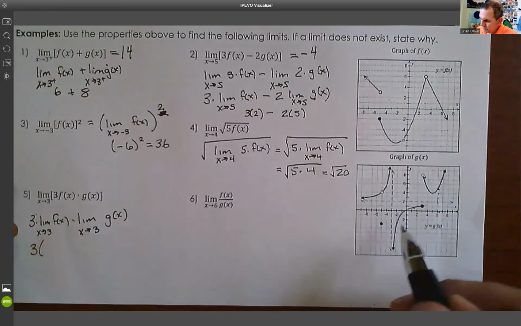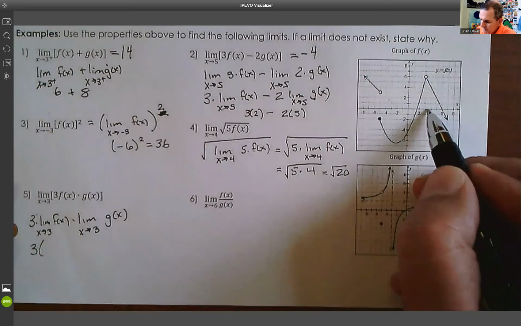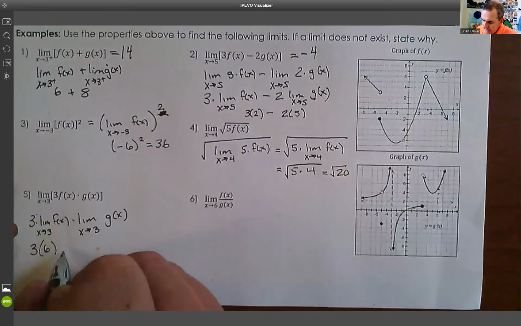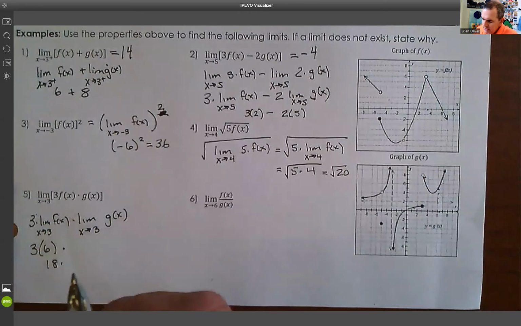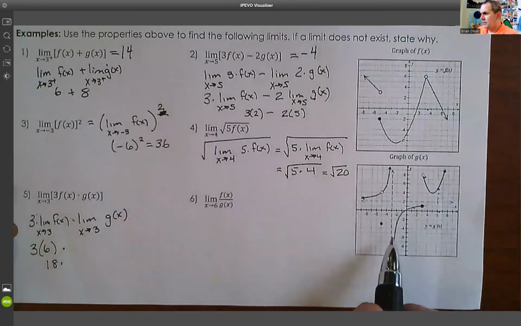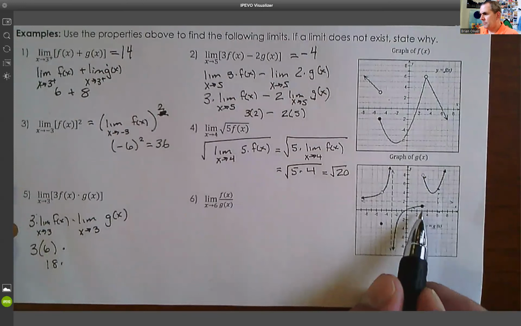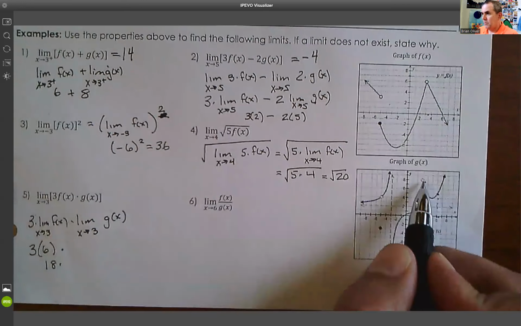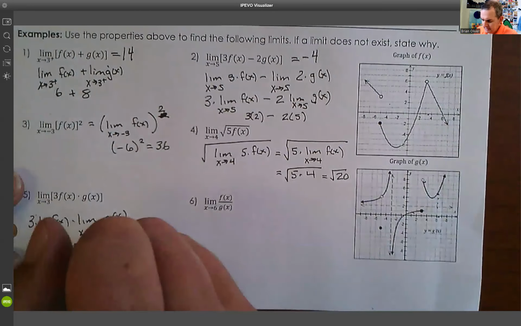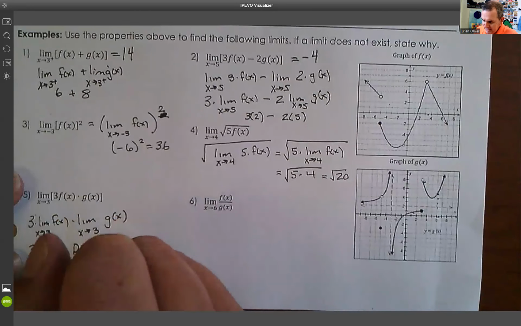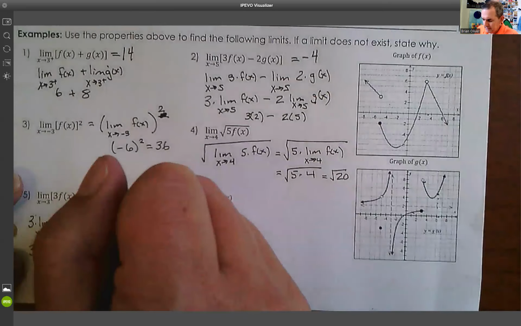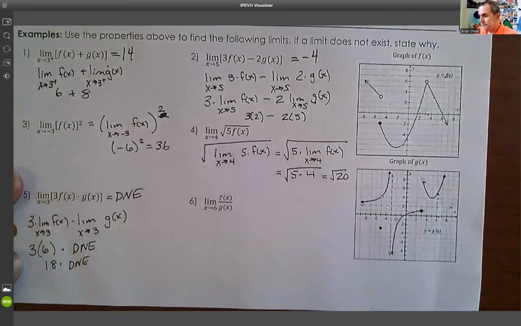And the limit as x approaches 3 is 6 times. So that's 18 times. What's going to happen is if you actually go over here and look at x approaching 3, it's 1 from the left, it's 6 from the right. This is a does not exist situation. So 18 times does not exist. If any part of it does not exist, the whole limit doesn't exist.